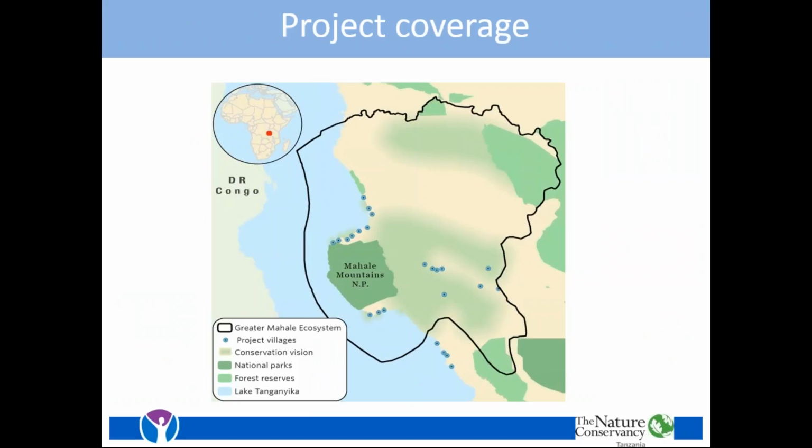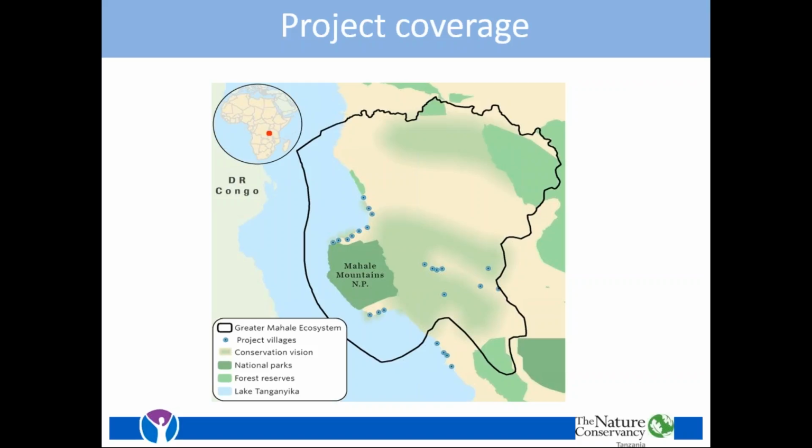Let me give a bit more context to the project. So on this map you can see a black line that shows the greater Mahale ecosystem, and blue circles show the 24 villages where the project currently works. Now, we started off in 6 villages to the north and the south of the national park that you see here on the map, and then expanded to the other villages after a couple of years.